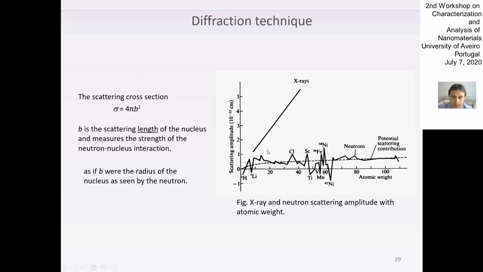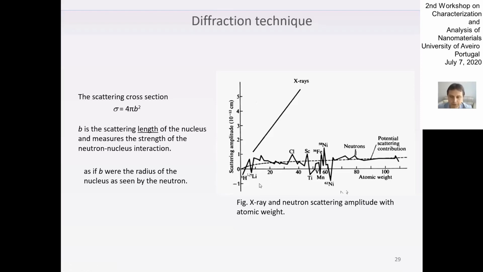This is for X-rays. But for neutrons, this parameter, the cross-section, its dependence versus atomic number is really tricky. It can even be negative, so it's probably not easy to understand and explain how that's possible, because cross-section is a measure that reflects the value of interaction.